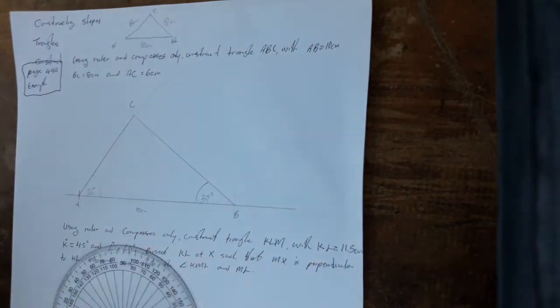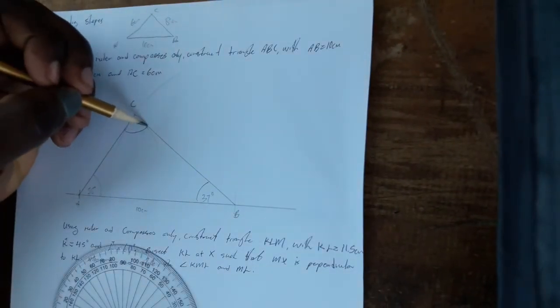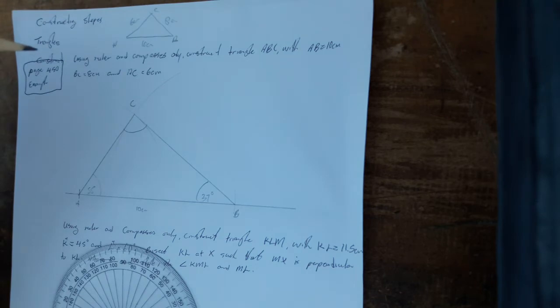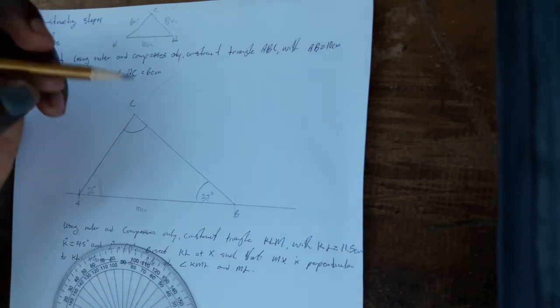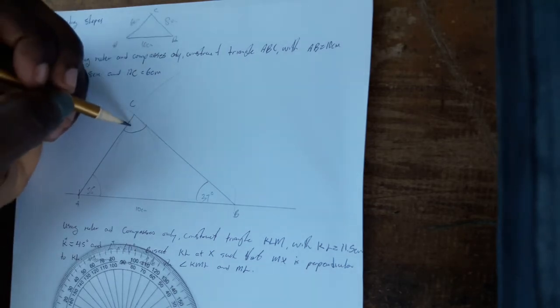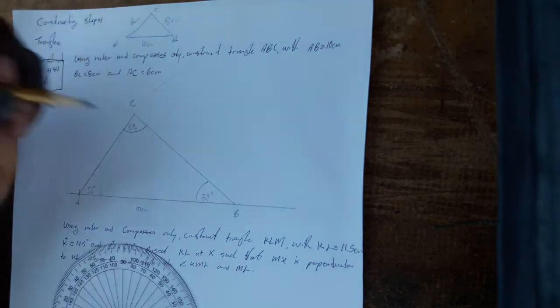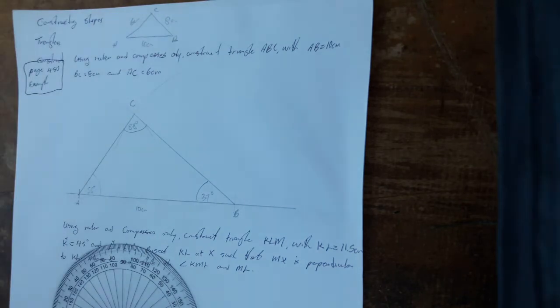Now, since the angles in a triangle add up to 180, we don't need to measure this one, we know what it is. We add these two, 85 plus 37 is 92, minus 180, which will give us 88 degrees. That's that.